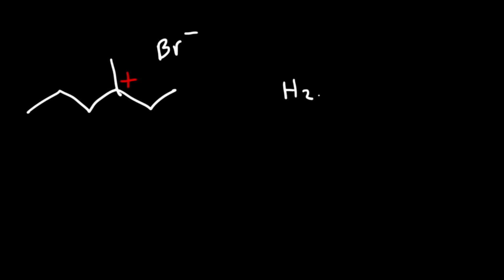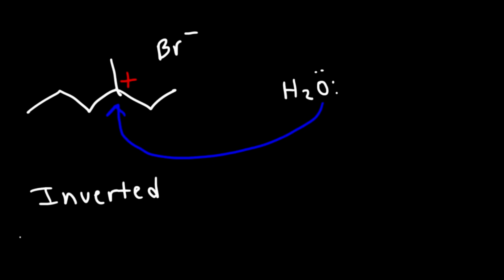And now let's talk about this. So the bromide ion left, and so it's somewhere still close by to the carbocation. Now when water comes in, it can attack from the back, which will give us the inverted product, or it can attack from the front, which will give us the retention product.